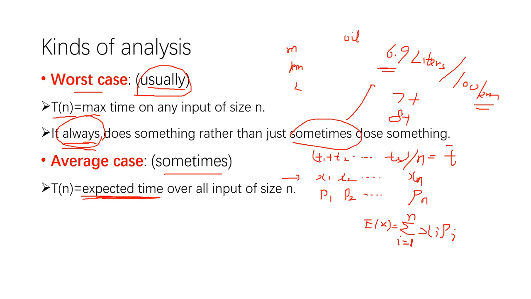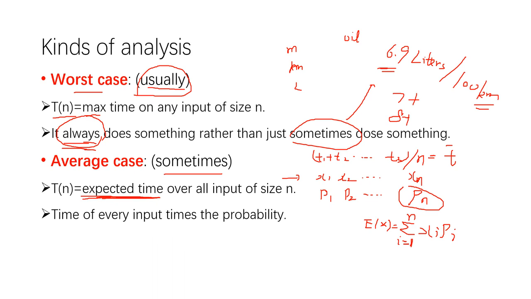So the next question is, how do we know about the probability? The expected time is the time of every input, times, which means multiply, the probability.